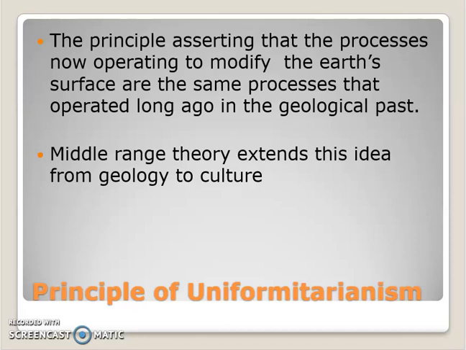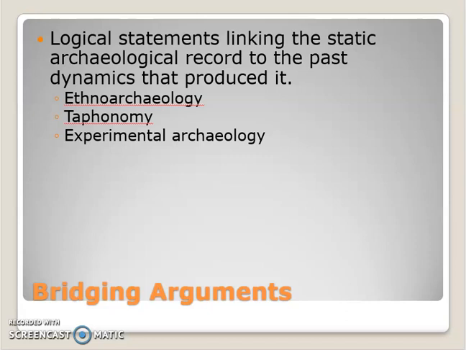So we can look at different cultures now and what they should look like in the past and see that cultural practices that happen now were also happening before. And one of the ways that we link those two things and show the principle of uniformitarianism exists is by using a couple different techniques. So we look for things in ethnoarchaeology, taphonomy, and experimental archaeology.